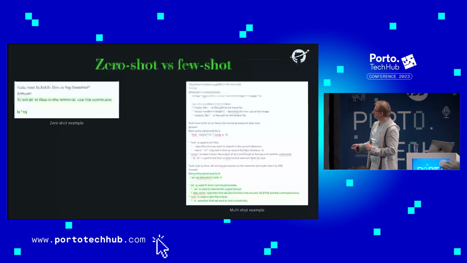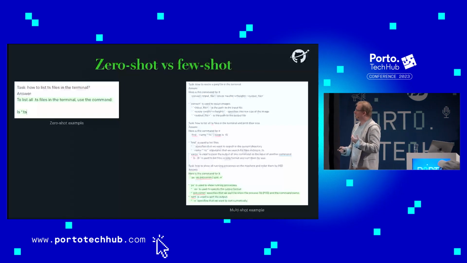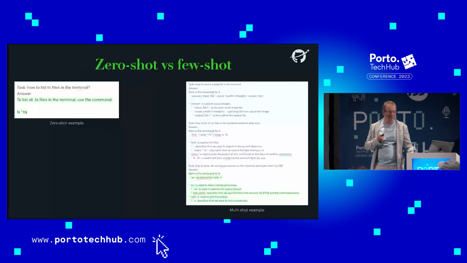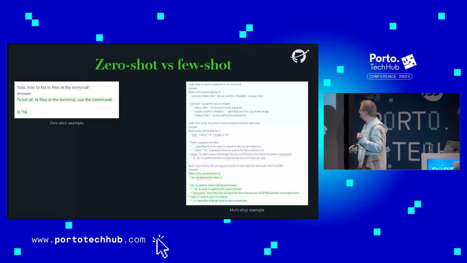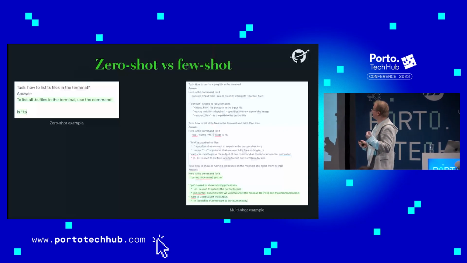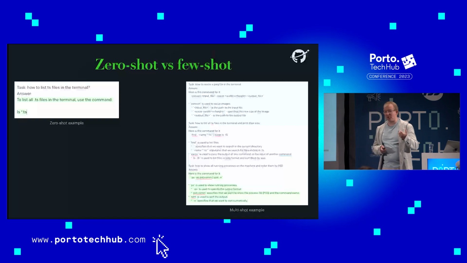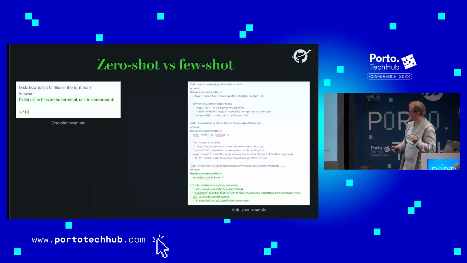So on the right-hand side here is an example of a zero-shot prompt. I just give the model some task, and it tries to answer, but it has no context, no idea how exactly I want it to answer. It produces the correct result, but in a format that is not useful to me. Here I provide the model, before sending the real task, which is happening here at the bottom, this is what I want to actually achieve.